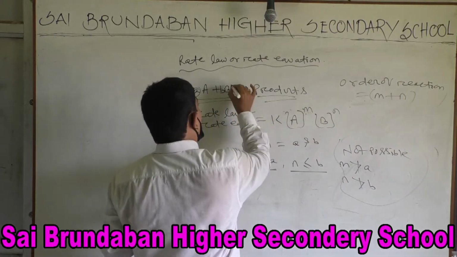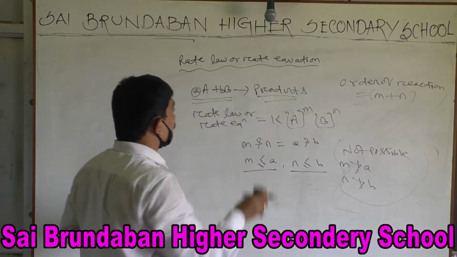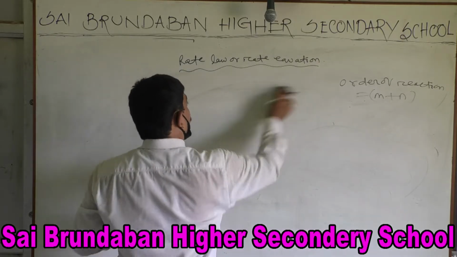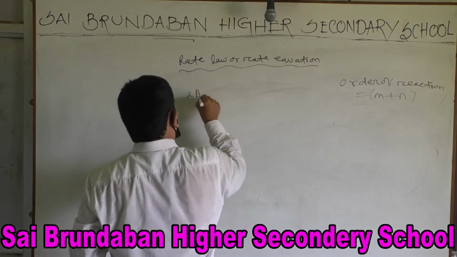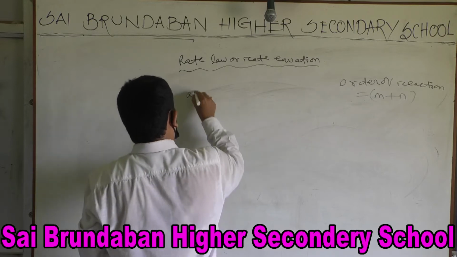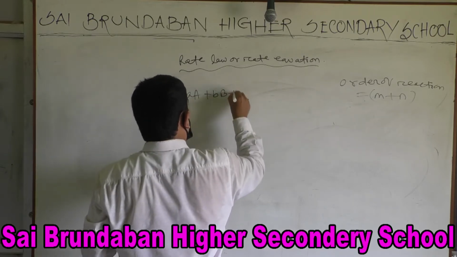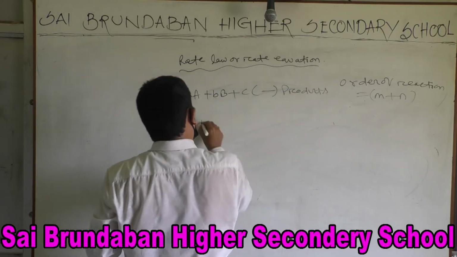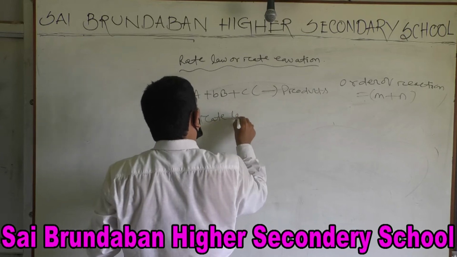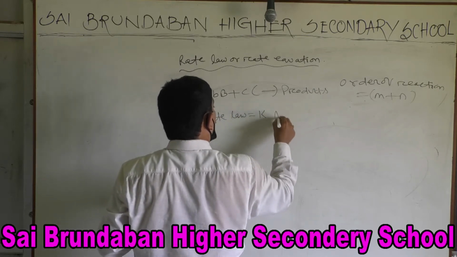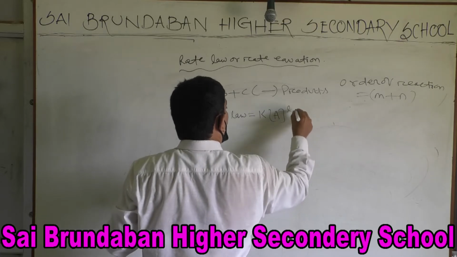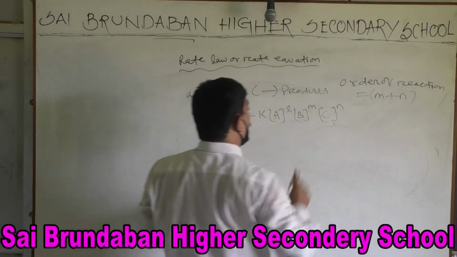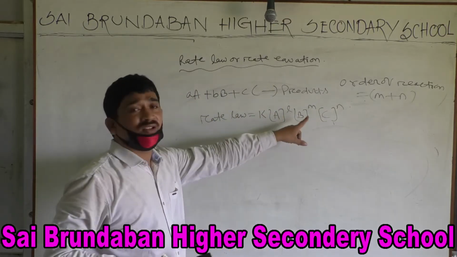Suppose A, B, C gives rise to product. The rate law equals K A to the power L, B to the power M, C to the power N. So what is the order of reaction for this reaction?